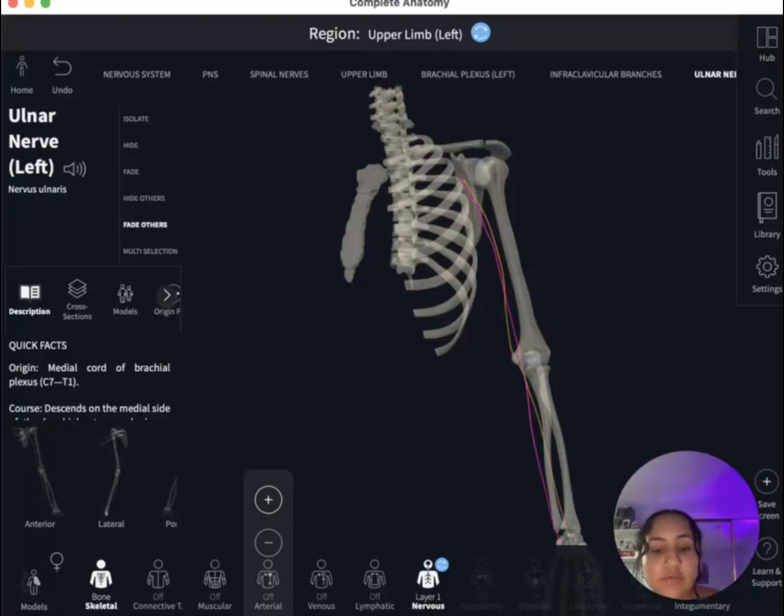So the first injury would be a fracture to the medial epicondyle. This would impact or cause damage to all the muscles that the ulnar nerve innervates: the flexor carpi ulnaris, the flexor digitorum profundus, and then the intrinsic hand muscles.